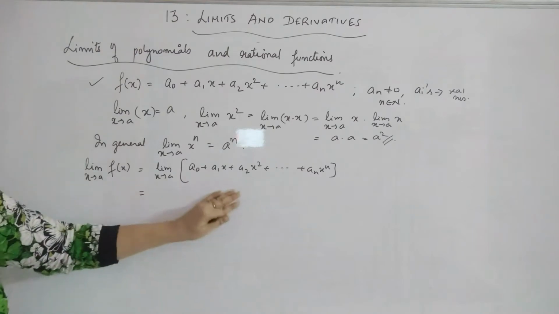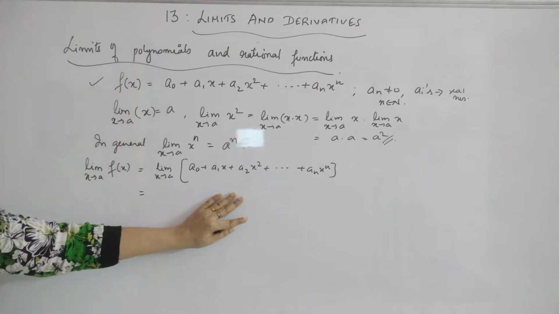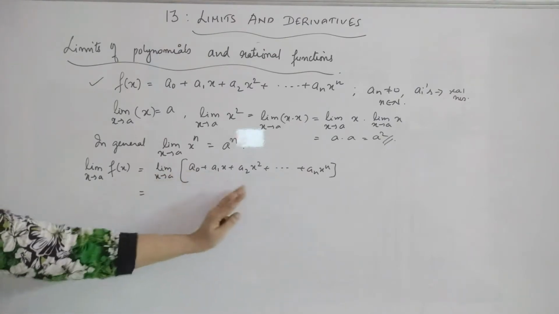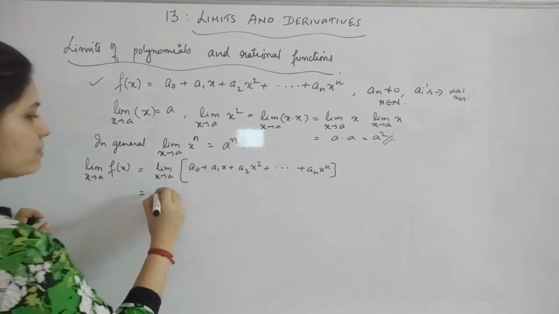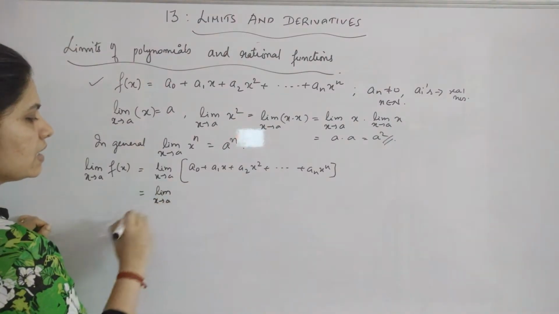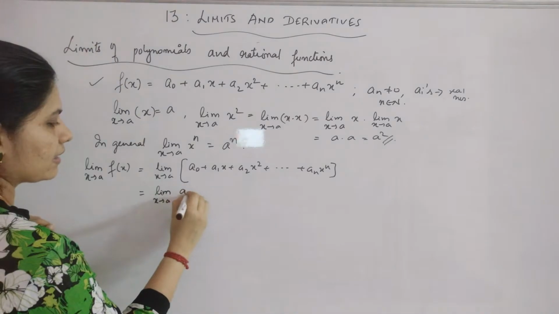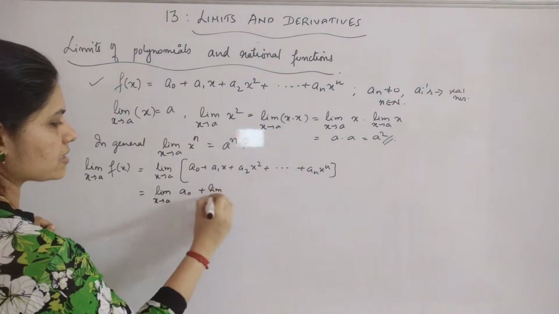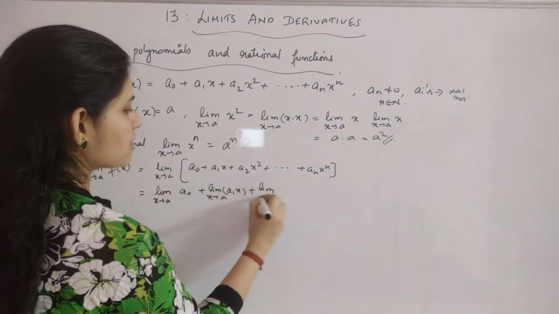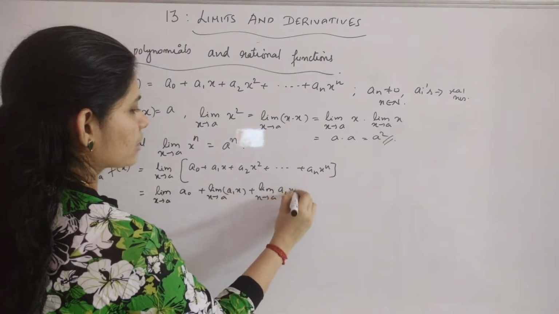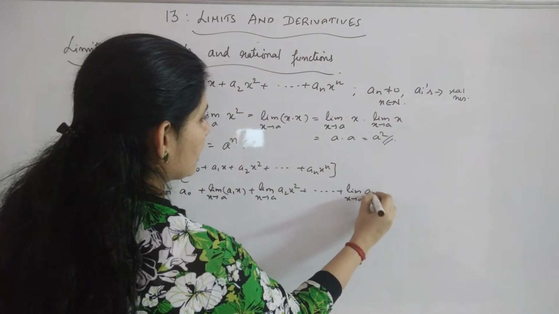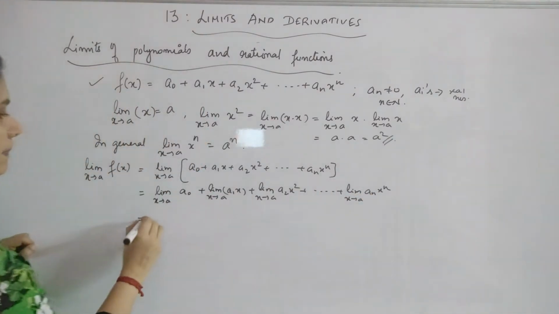Now according to the algebra of limits, what we have seen earlier, if you have sum in between, you can just separately give the limit to each term. So now I am just going for the first part of that algebra of limits, which is limit x tends to a, I can write a naught plus limit x tends to a1x plus limit x tends to a2x square plus etc plus limit x tends to an x raised to n.